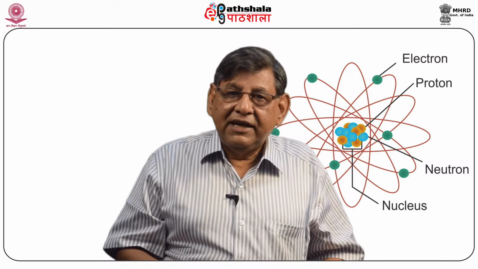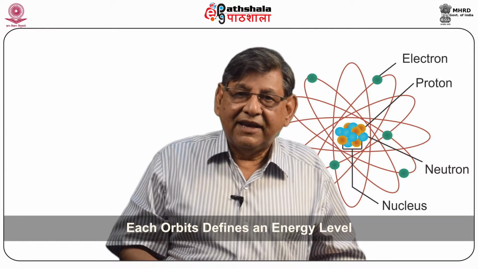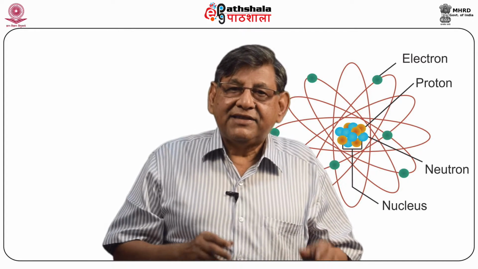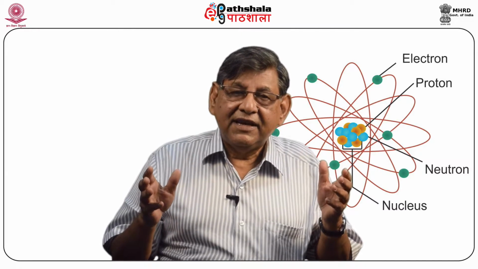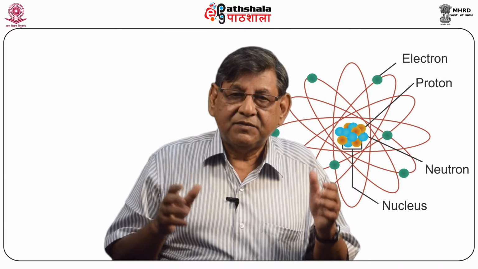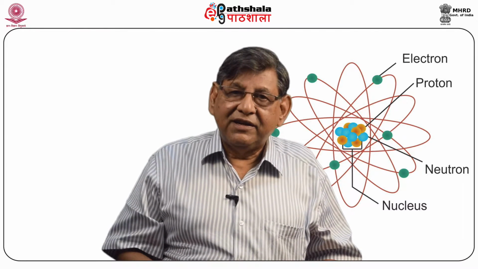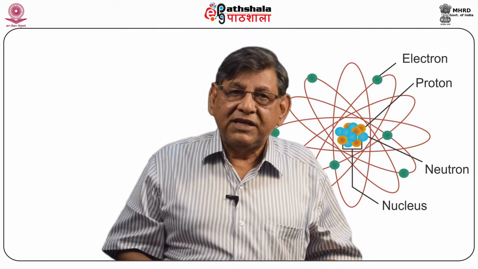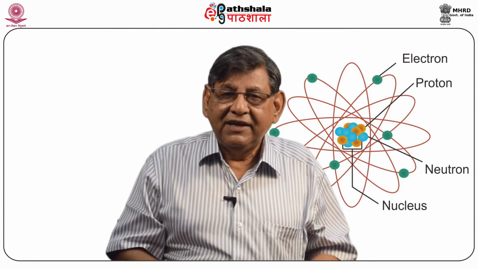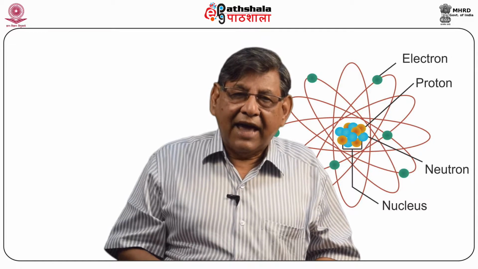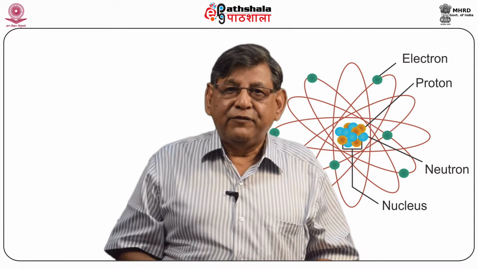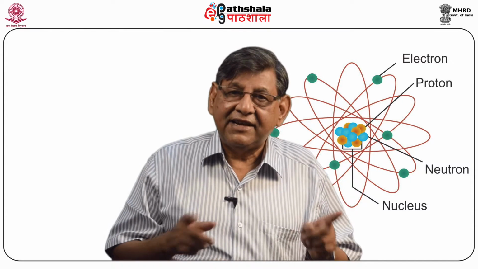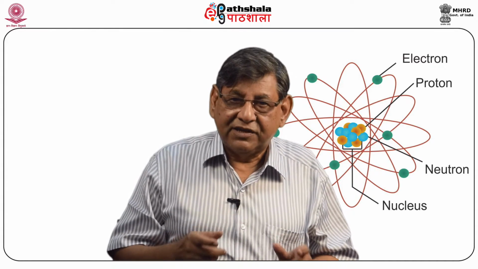Now, since each orbit defines an energy level for the electron, only a set of discrete energy levels is allowed for the electrons. The second point to note is that the electrons in these allowed orbits are accelerated towards the center. And we know, according to classical laws of physics, that any accelerated particle emits radiation.